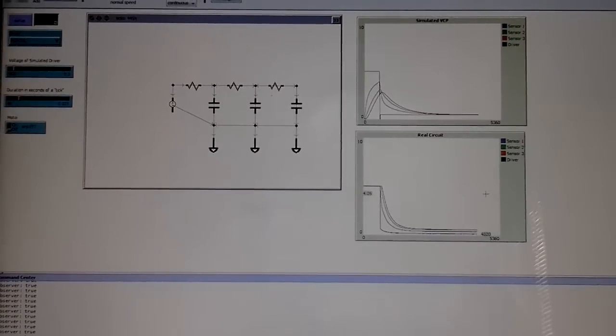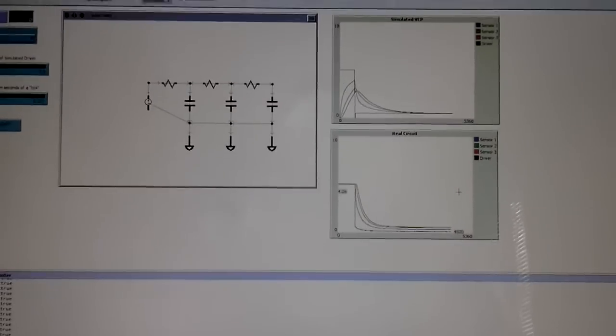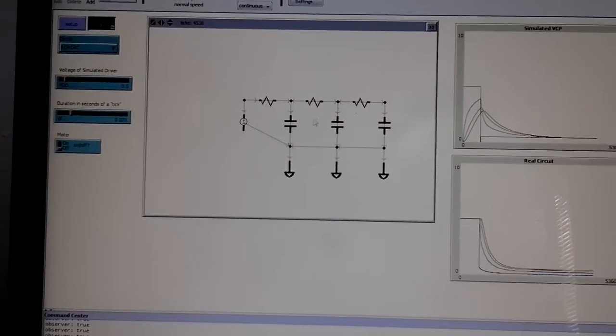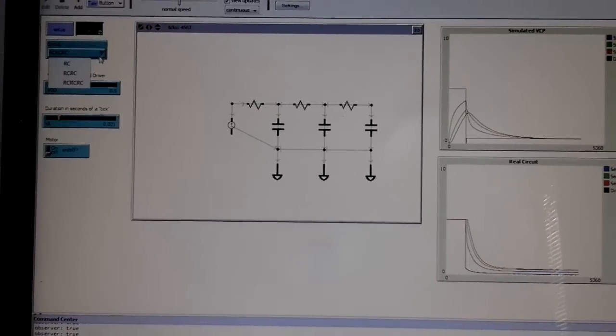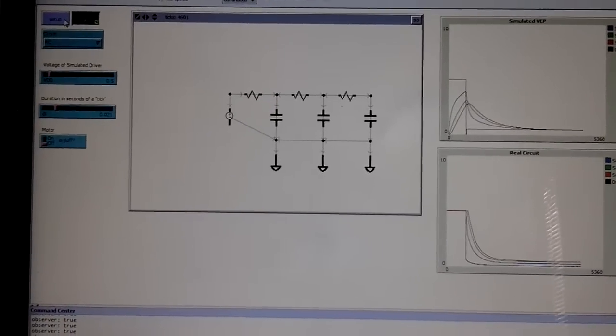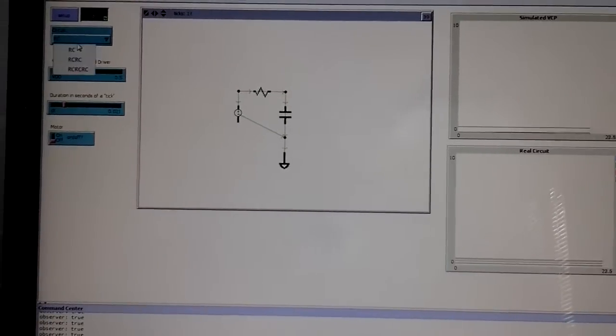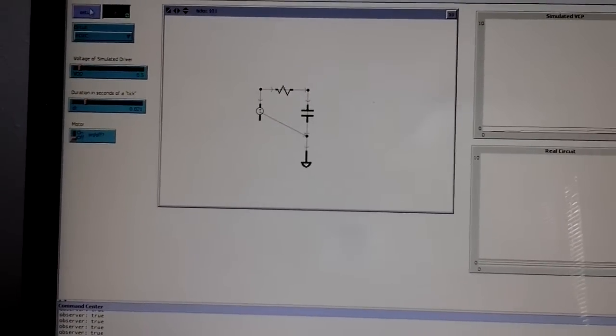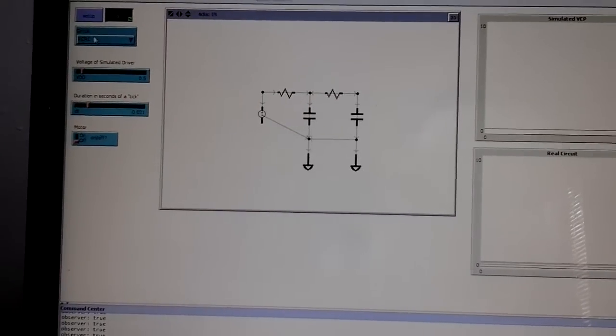That was sort of difficult. In this case, what we did was we set up 3 RC circuits for students to look at. So in this, we have a triple RC, a single RC, a double RC.